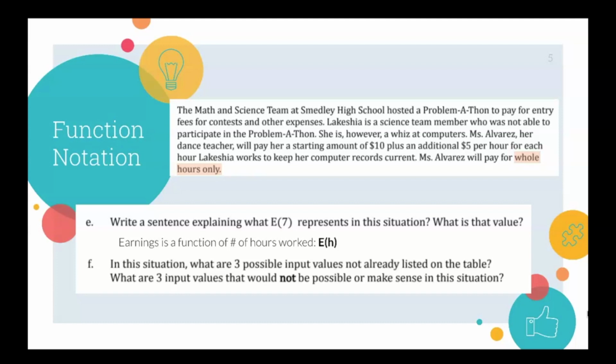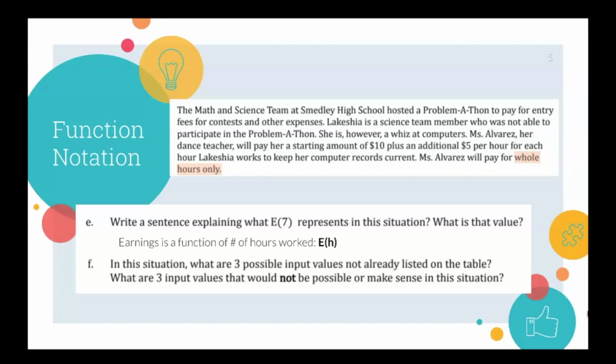So in formal function notation, we would write that as E of H, and therefore the students could then see that the number in parentheses represents the number of hours. So what they are asking for is, what are Lakeisha's earnings going to be for 7 hours of work?